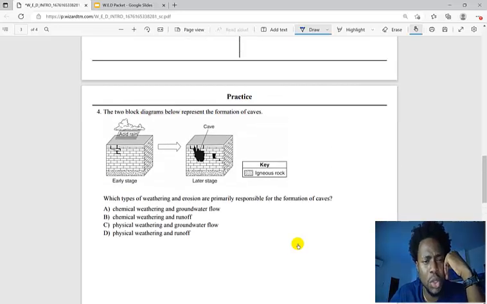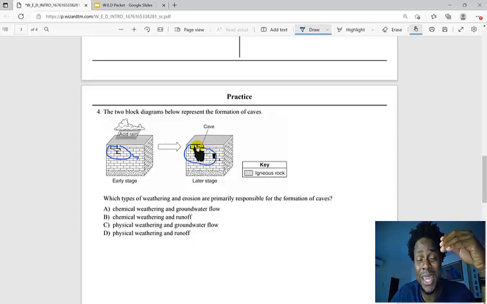Question number 4. The two-block diagram below represents the formation of a cave. Which type of weathering and erosion are primarily responsible for the formation of caves? We discussed caves, and we said caves are very common in limestone. I see the limestone there, developing a little here, and now it's more developed and pronounced here. And we did say it happens on the ground.